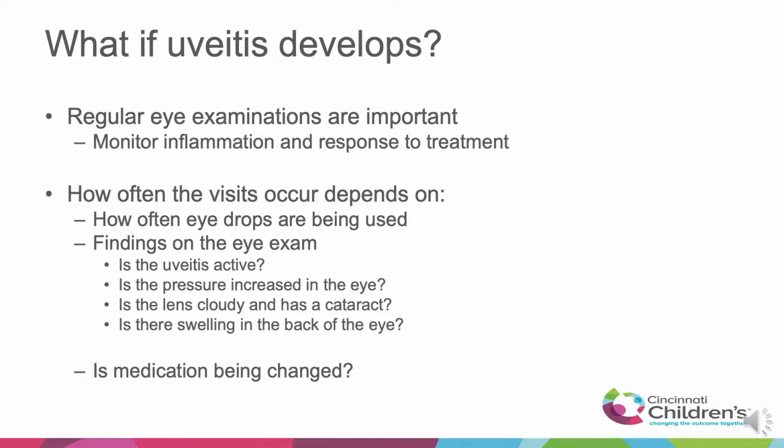Other factors that can determine how often the visits occur are whether or not the uveitis is active, if there is any concern that there is a complication or damage to the eye, such as an increase in pressure in the eye that can be seen in glaucoma, cloudiness of the lens that can be found in cataracts, or swelling in the back of the eye, such as in macular edema.